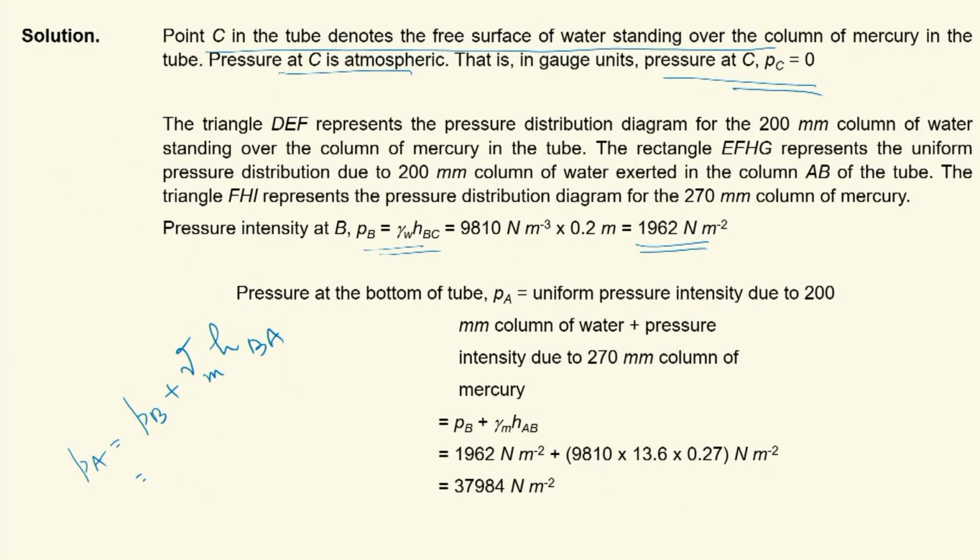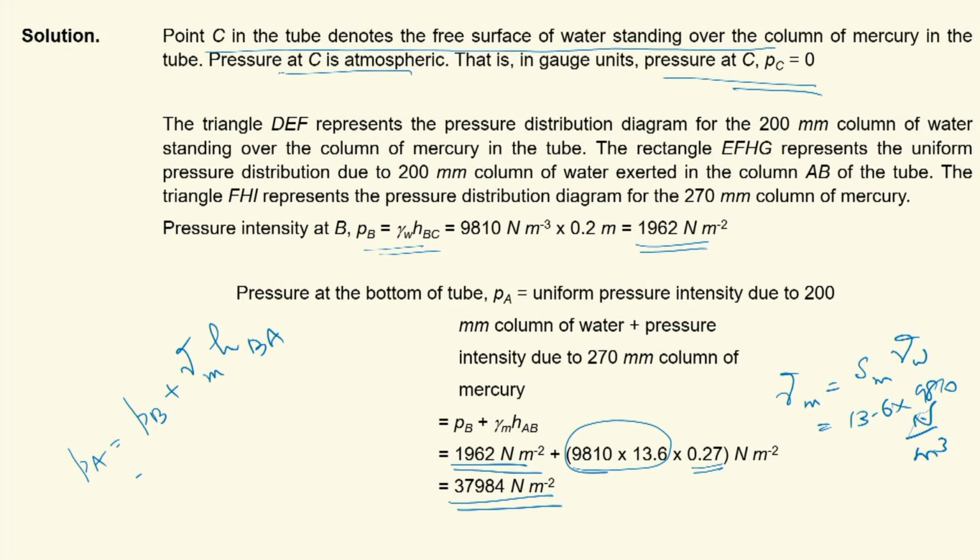So, PA is 1962 Newton per meter square plus gamma M. What is gamma M? Gamma M is nothing but the specific weight of mercury, that is specific gravity of mercury into specific weight of the standard liquid, that is water. So, 13.6 multiplied by 9810 Newton per meter cube, into 0.27, since 270 millimeters expressed in meters is 0.27 meter. So, you get this much, 37984 Newton per meter square.